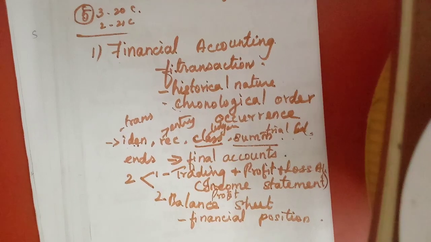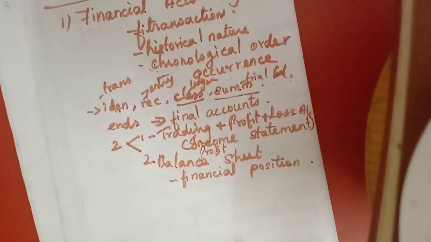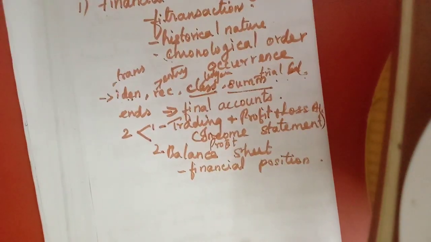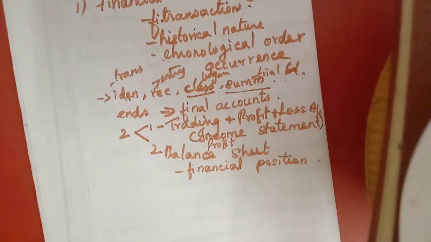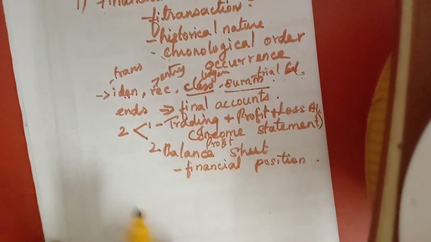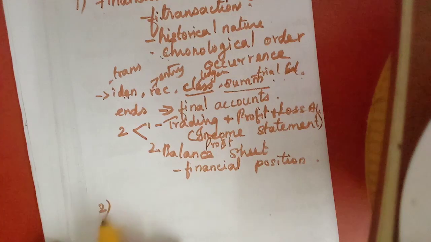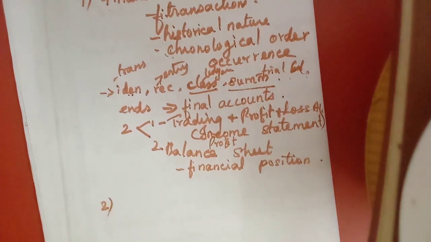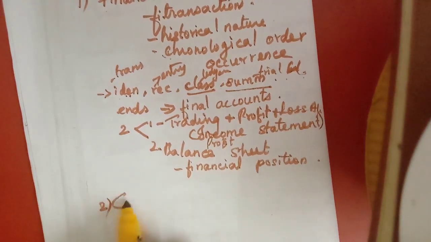So that is called financial accounting. You might have understood. Now the next branch is cost accounting.